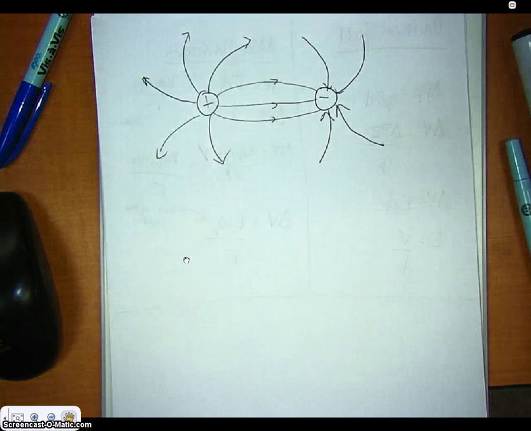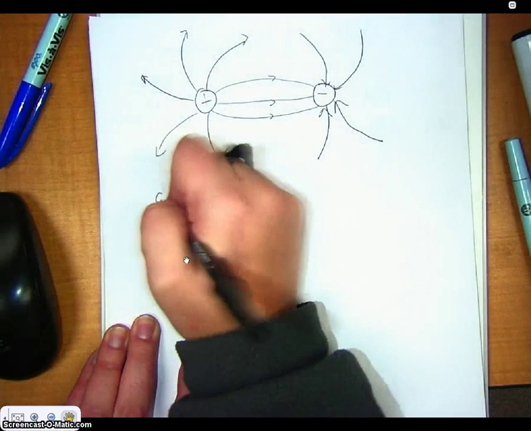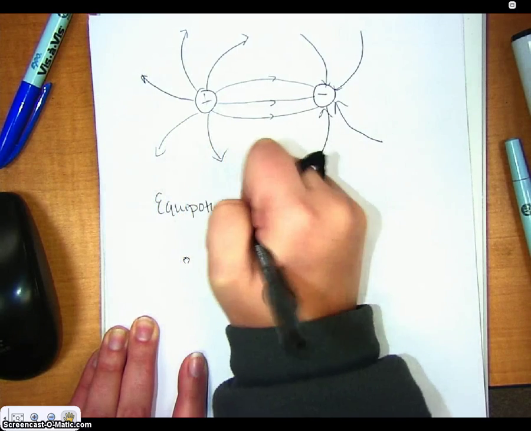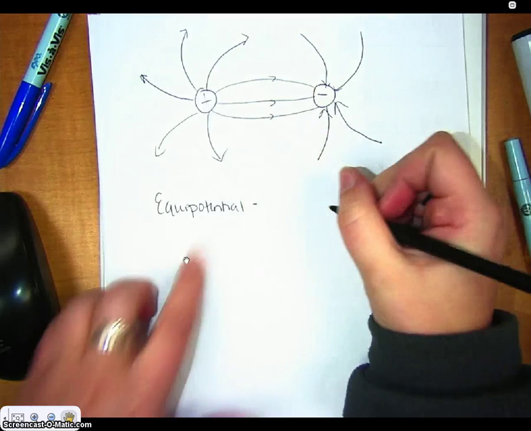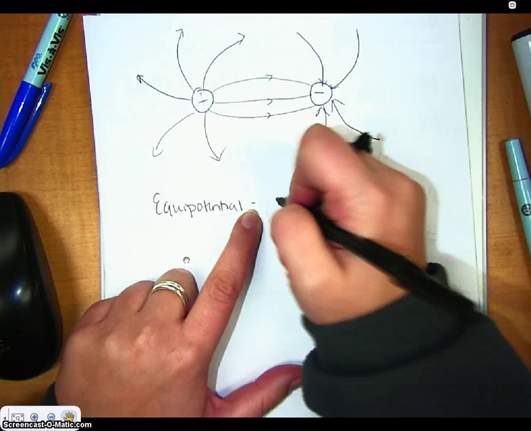Essentially, at certain positions there is a point where the potential difference is actually zero. So an equipotential is where I could move where the potential difference would be zero.